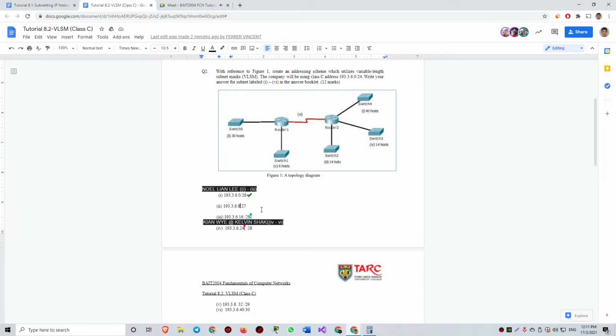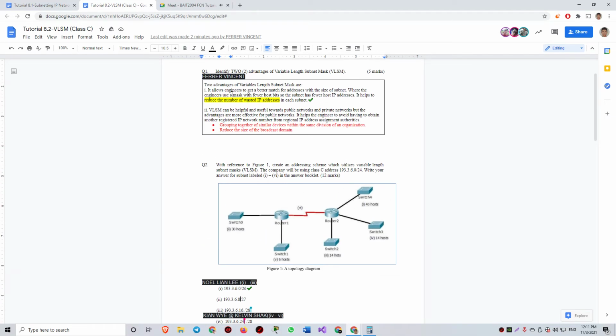So for Farah, you start with subnetting for the first network first.